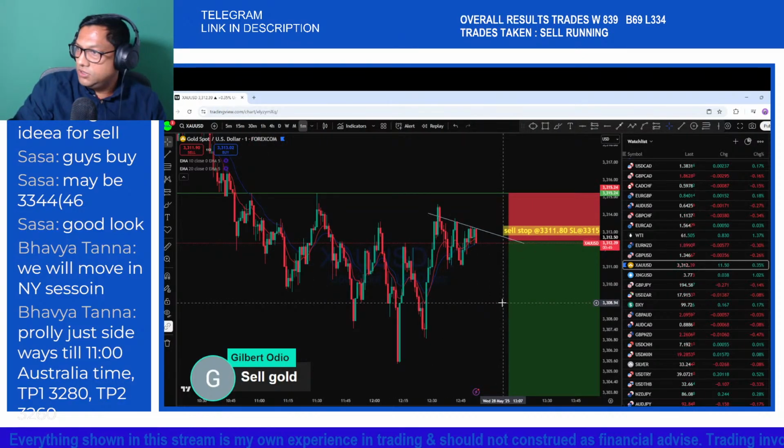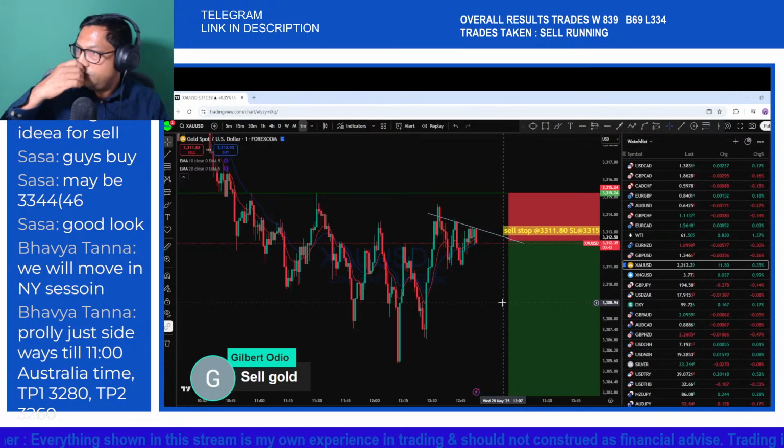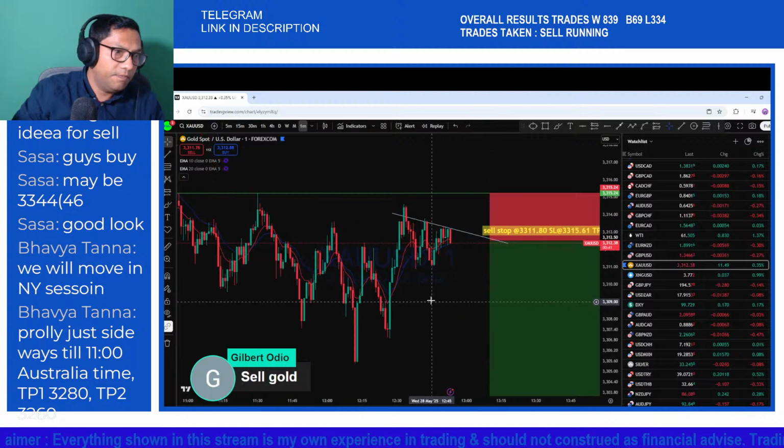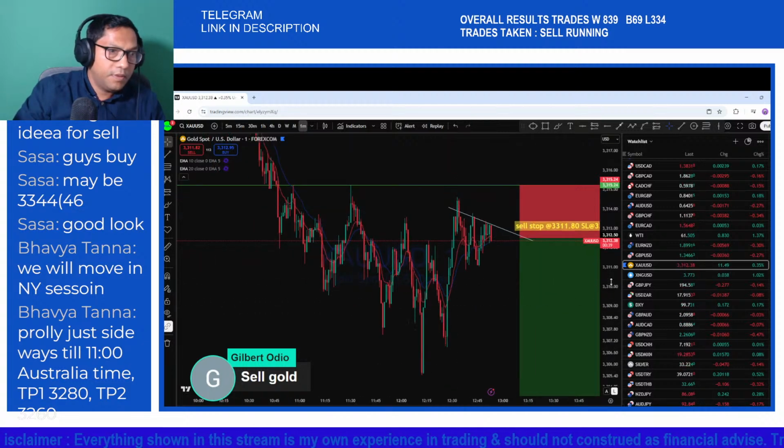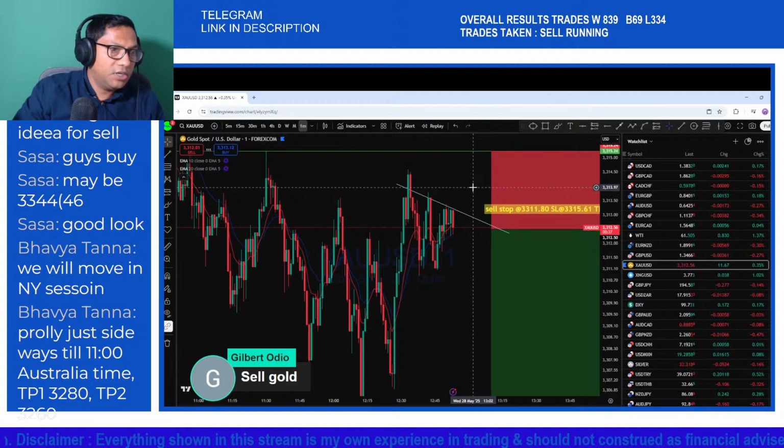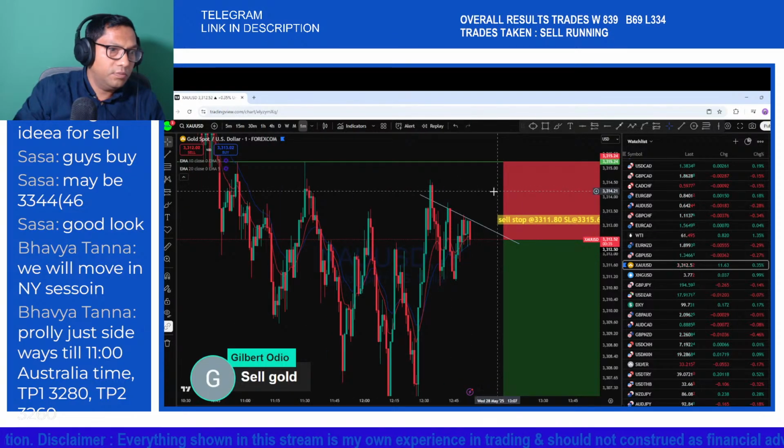Now from this resistance, would like to see if this market is breaking from that structure or again trying to move up.